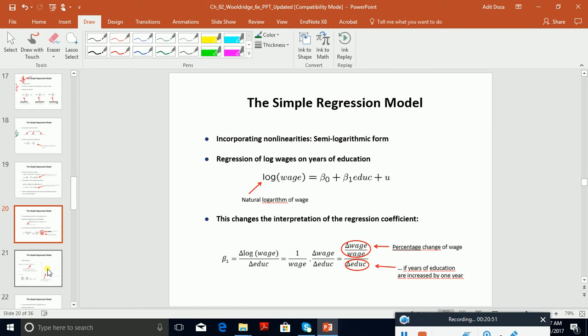And the interpretation of the regression coefficient. So this is, if you see log form on the dependent side and no log form on the independent side. Okay, so then how do you interpret the coefficient of beta 1? You have to use this type of formula: change in log of wage over change in the education variable, right?